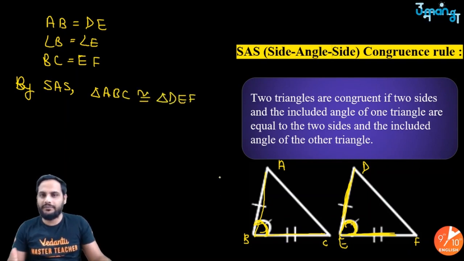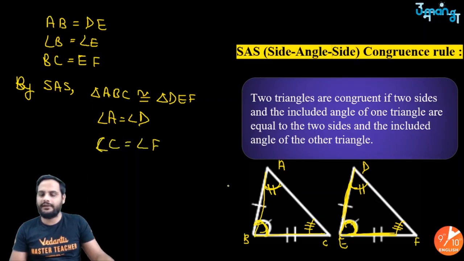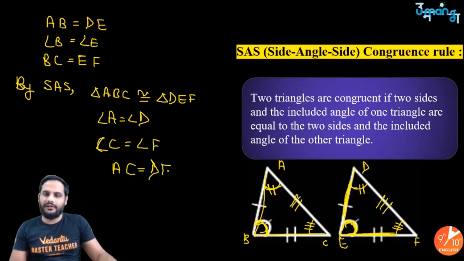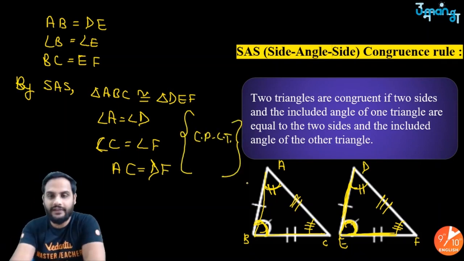Now once I have got them congruent, then even the information which is not given, I can say, sir, this angle A will be equal to angle D because they are congruent, so corresponding angles must be equal. Angle F and angle C will be equal, right? And then I can say this side AC is equal to side DF, right? So the rest of the parts also I can say will be equal, and the reason we write is CPCT. So this is your side angle side criteria.